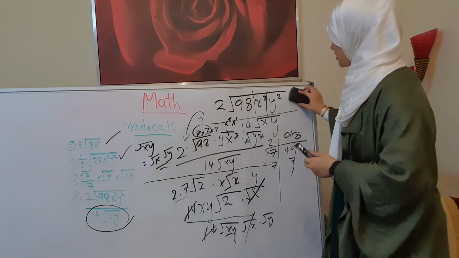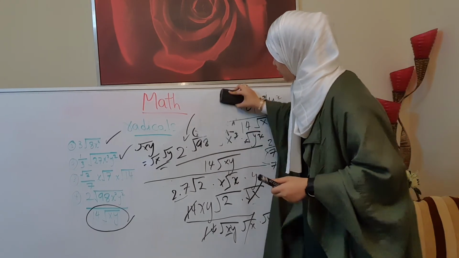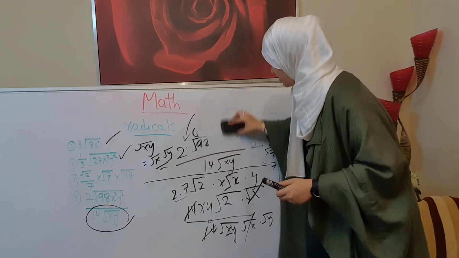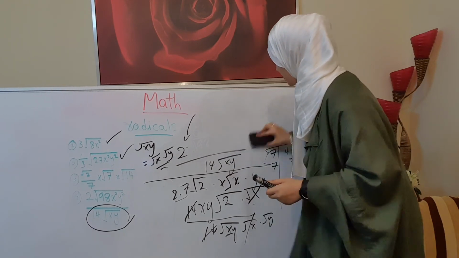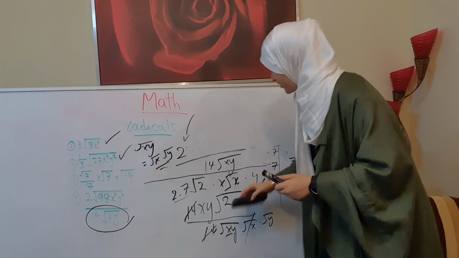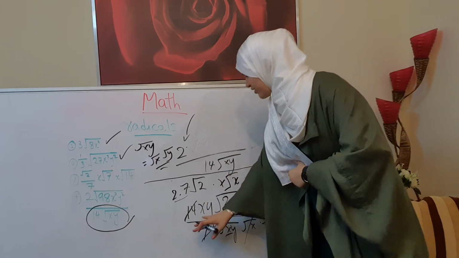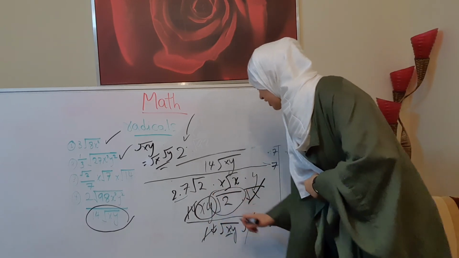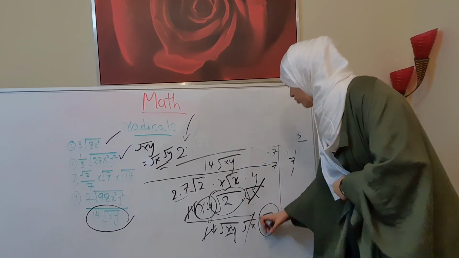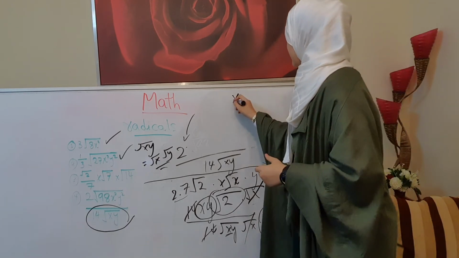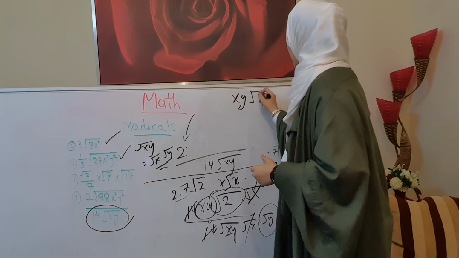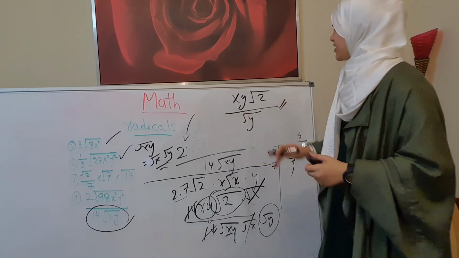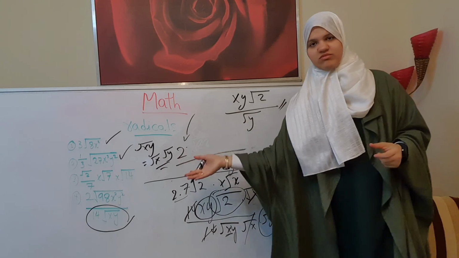The last answer will be xy radical 2 over radical y. Here we have xy only, and we have radical 2, and we have radical y only. So that means xy radical 2 over radical y. This is the final answer for question number 4.